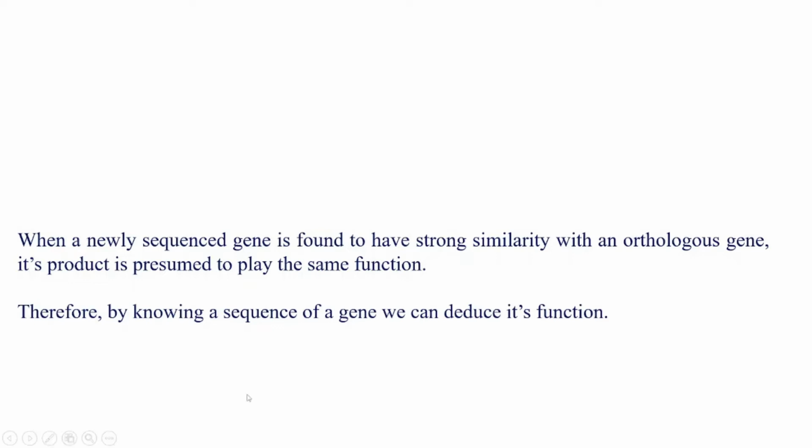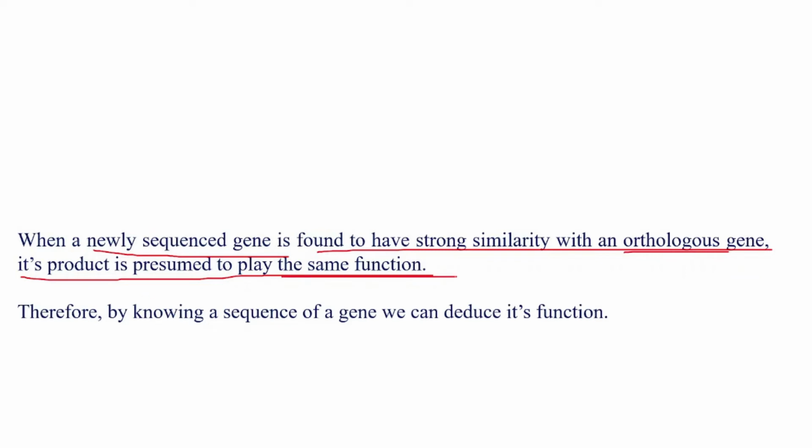When a newly sequenced gene is found to have a strong similarity with an orthologous gene, its product is presumed to play the same function. So it can be presumed that the newly sequenced gene plays the same function.